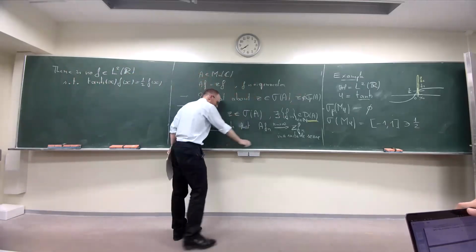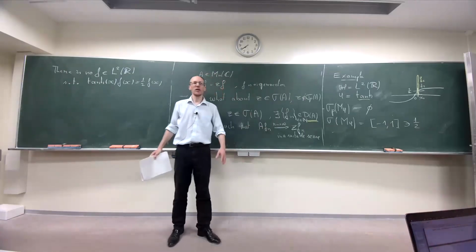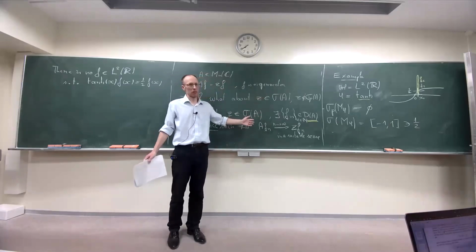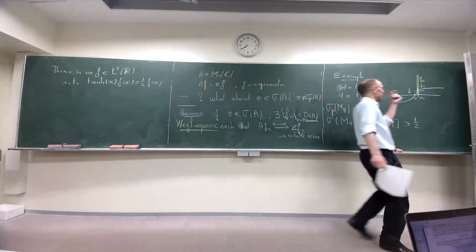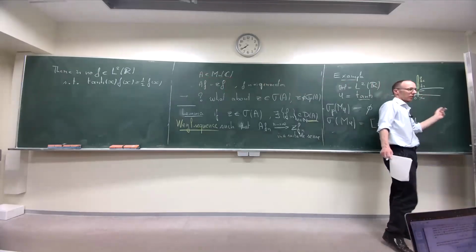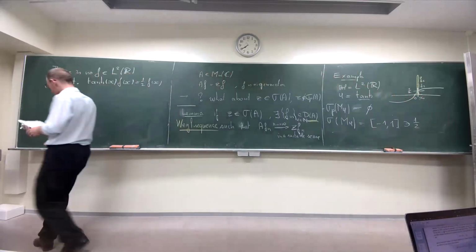If you give me a general A, the theorem tells you you can construct such a sequence, but most probably I cannot make a picture of it because it's not a multiplication operator. So I won't be able to see that really this sequence of functions is approaching this x0. But still, there is a theorem like this.